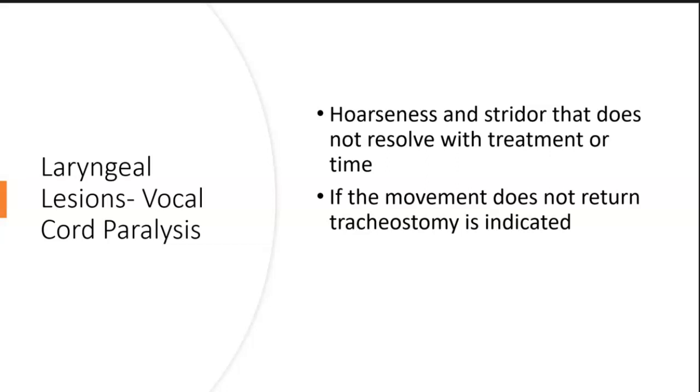So you're going to suspect potentially that the patient might be experiencing some vocal cord paralysis if the stridor or hoarseness isn't resolving with treatment in time. Most of the time, patients' symptoms are going to go away within 24 hours.